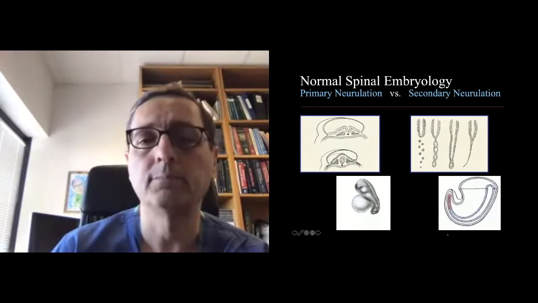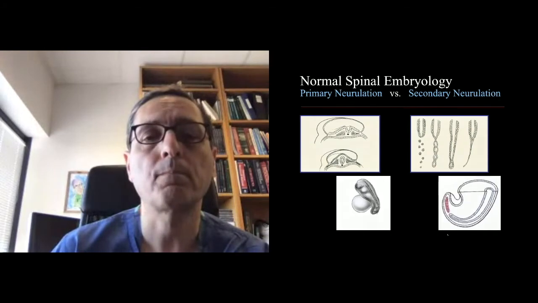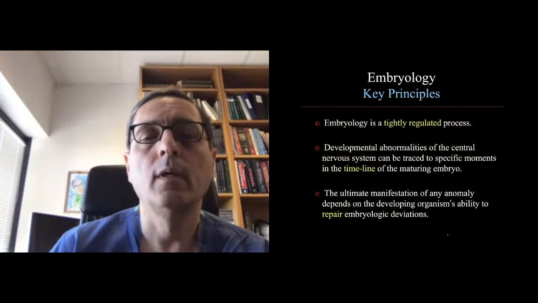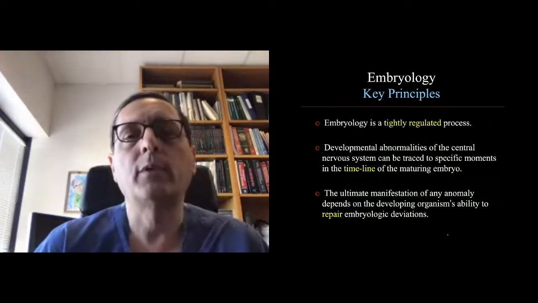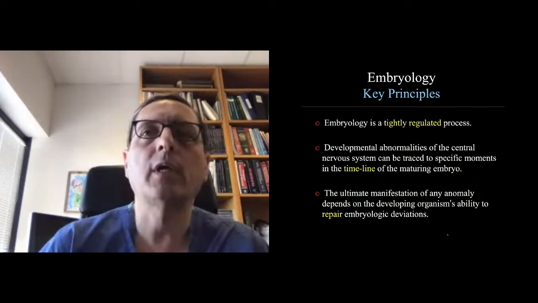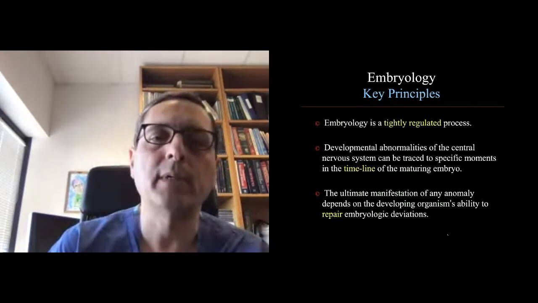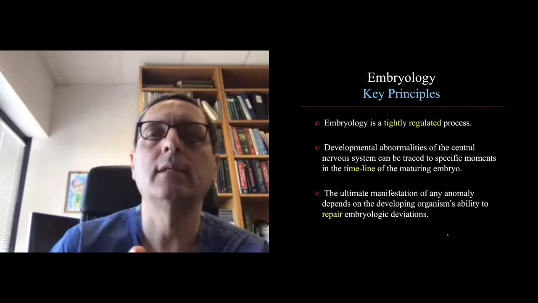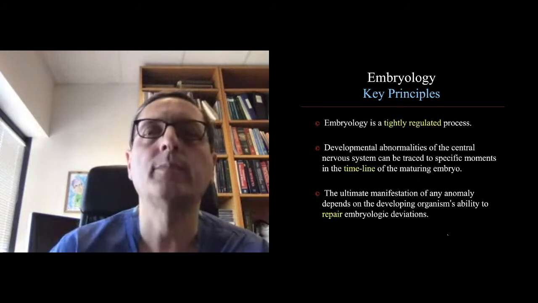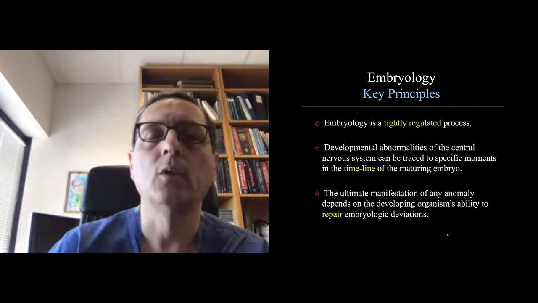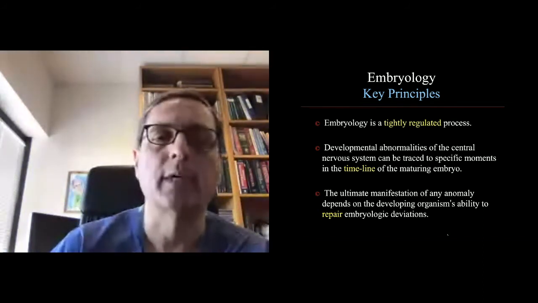Now it's important to know how embryology functions. Embryological processes happen with very strict timing, and any perturbation to that timing would result in problems with the spinal cord or with the brain.